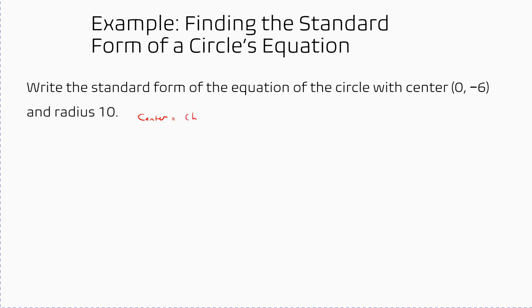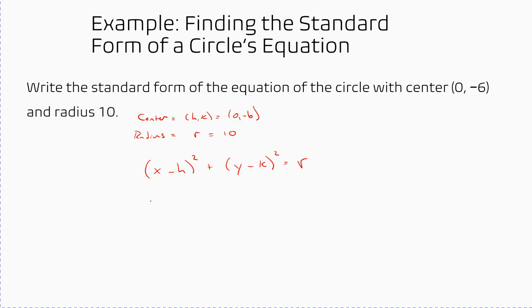The center is the point (h, k), and what we're saying here is the center is (0, -6) and the radius r is 10. Well, if you look back, the equation of a circle is (x minus h) squared plus (y minus k) squared is equal to r squared.